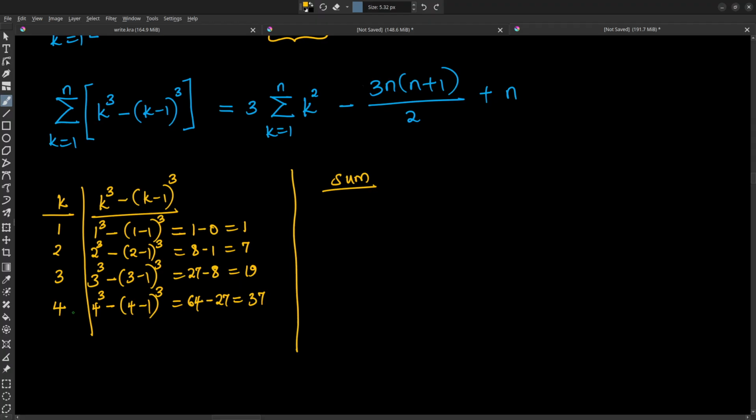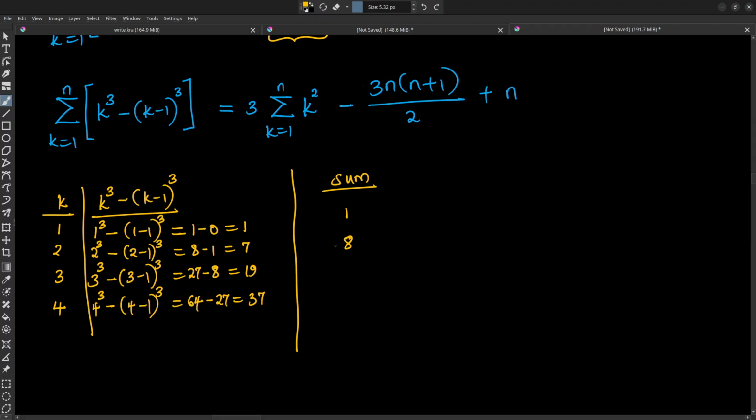But remember, I told you that the connection between these values when using the summation operator is the plus sign, right? So this means when n is 1, we are only summing k equals 1. So when n is 1, the value of the summation will be 1. When n is 2, we need to sum for k equals 1 and k equals 2. So we sum 1 plus 7, that is going to give us 8. When n is 3, we now need to sum for k equals 1, 2, and 3.